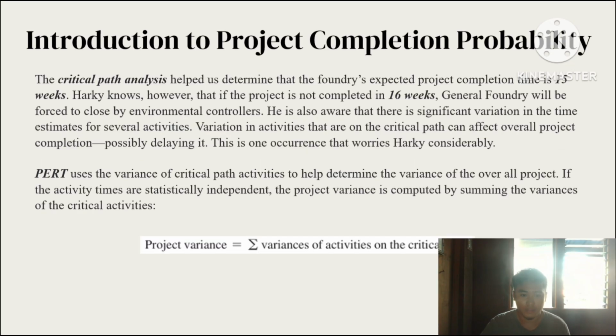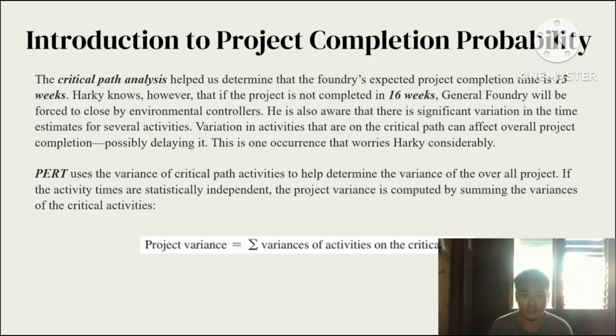So, topic 3 is probability of project completion. Introduction to project completion probability. The critical path analysis helped us determine that the Foundry's expected project completion time is 15 weeks.